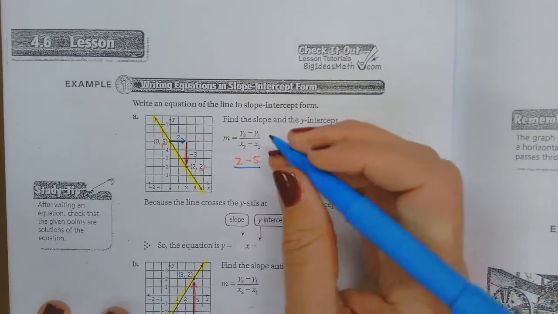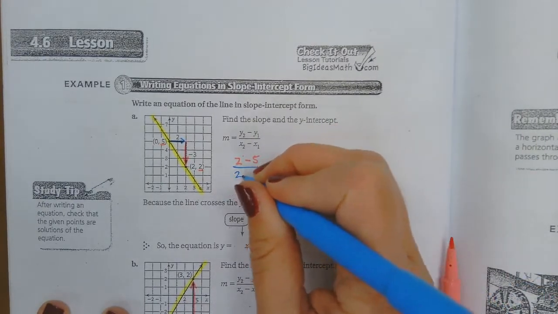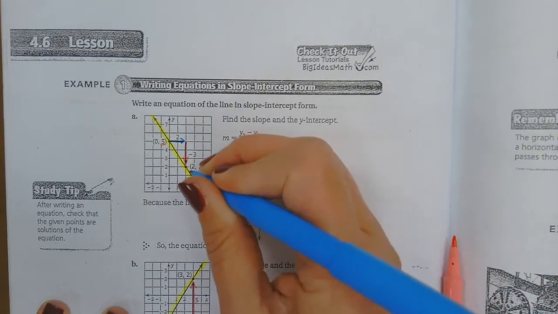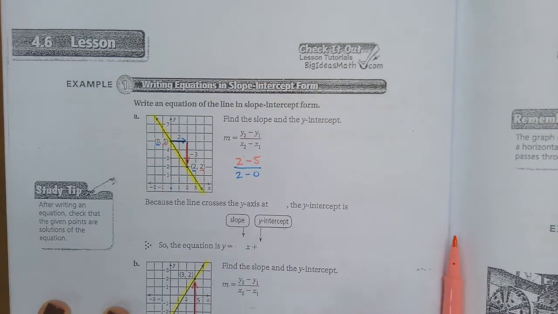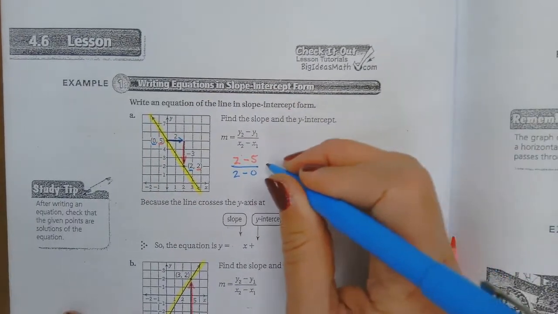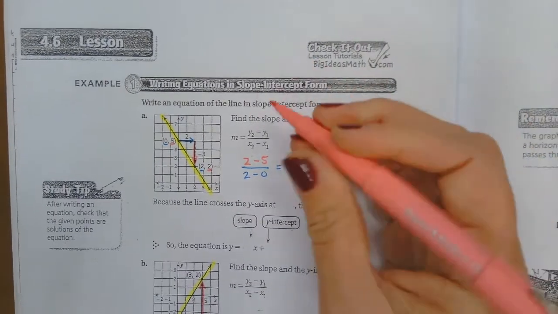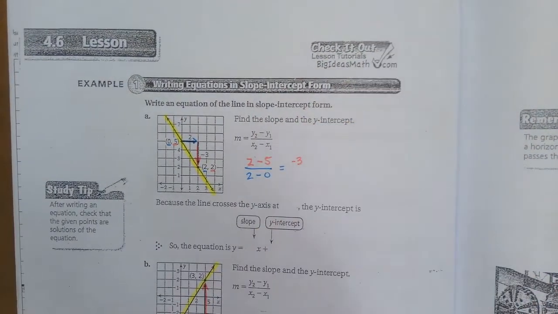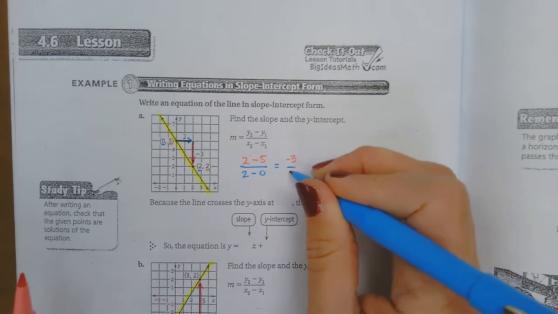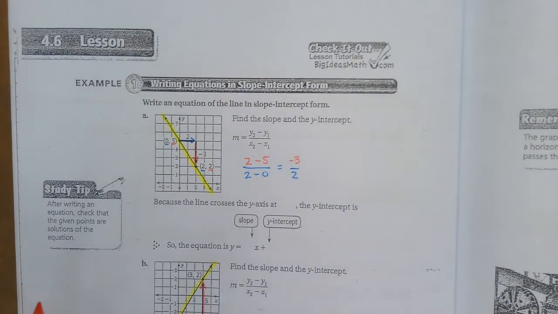Then we subtract our x values, 2 minus 0. And that is going to equal our slope, and our slope is negative 3 halves.